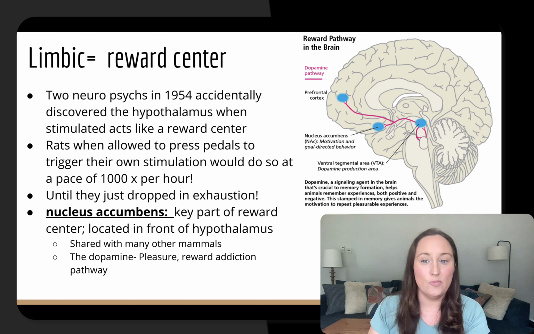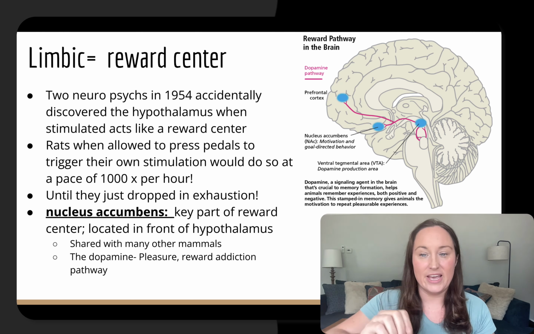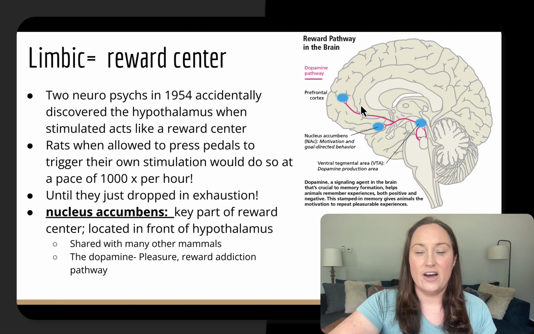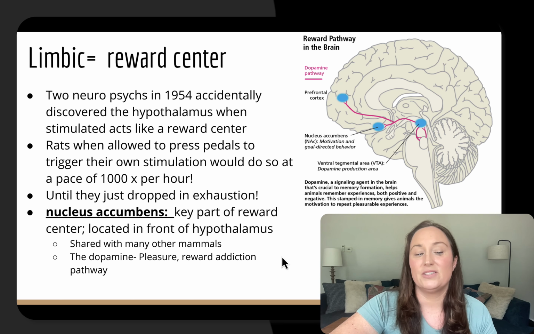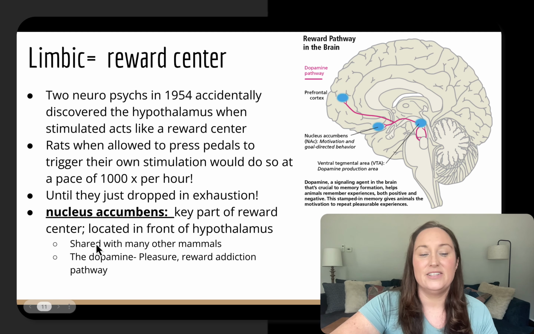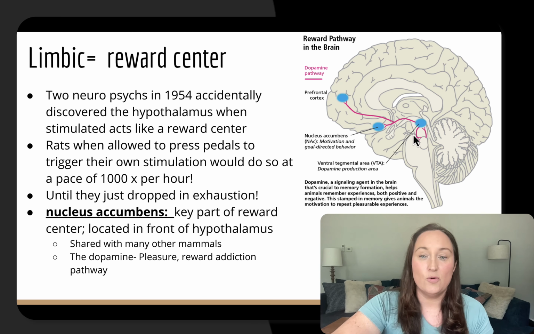It is dopamine. So we have this dopamine reward pathway in our brain, in our hypothalamus, and there is something called the nucleus accumbens, which we realize is a key part of this reward center. So it's located right in front of the hypothalamus. And so this area of the brain is where we see a lot of dopamine activity.